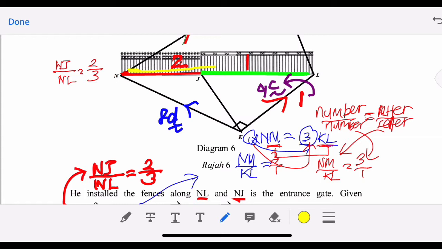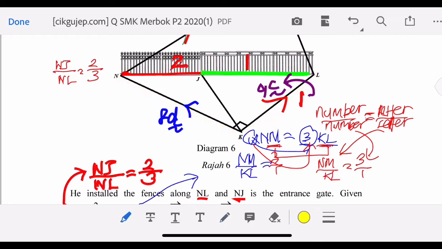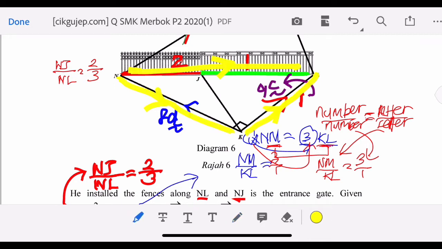Because the vector and the ratio, everything we labelled already, now we work out the triangle. So NL is equal to NK plus KL. Can you see the yellow triangle that I drew? That is triangle law. The starting is from N.